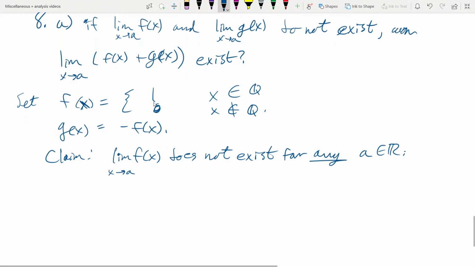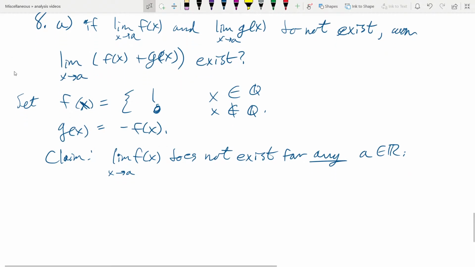Yeah, but obviously f of x plus g of x is equal to 0. That's the important thing. And 0 is very well behaved. It's got limits at every value of x.